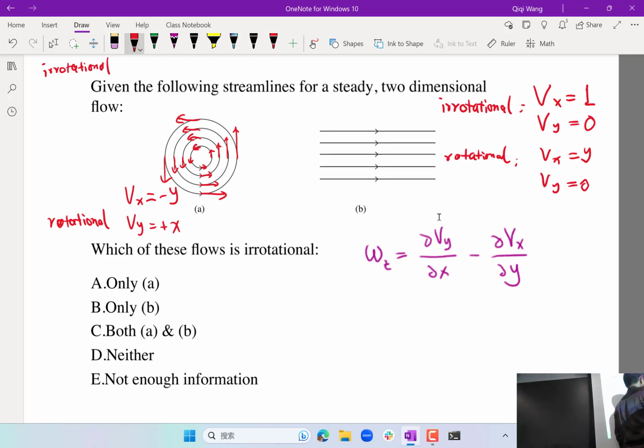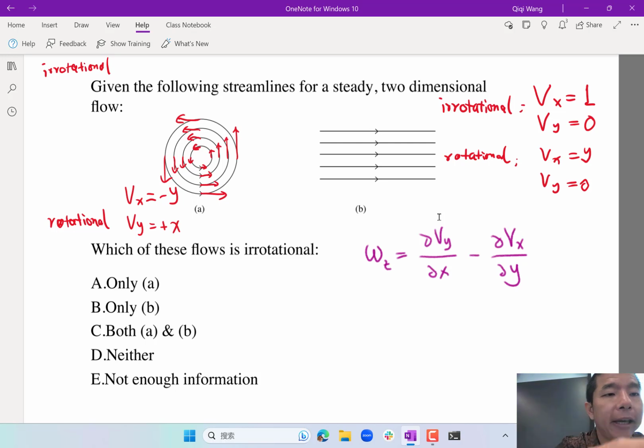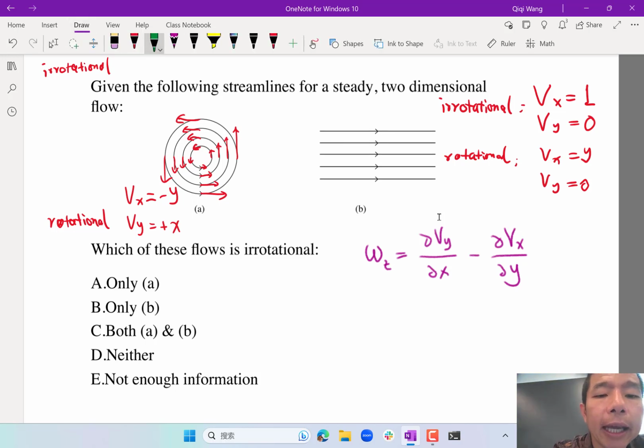As we see, omega equal to 2 means if you draw a material cross over here, the negative derivative of x velocity means that after a while the vertical line is going to rotate to over here.